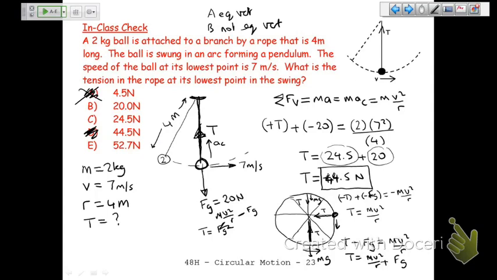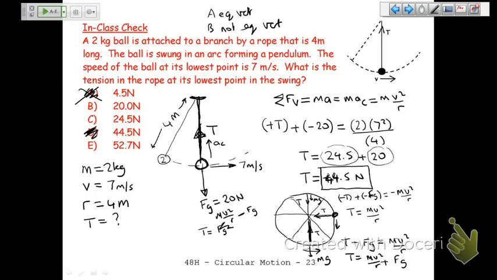So the tension is doing two bits. It's pulling the thing up and it's making it go in a circle. But at the top, part of the acceleration is paid for by the weight. So my tension is doing very much less. It's doing what I need for the centripetal acceleration minus my weight.